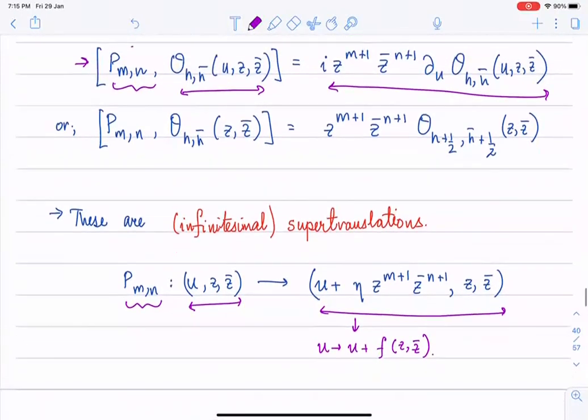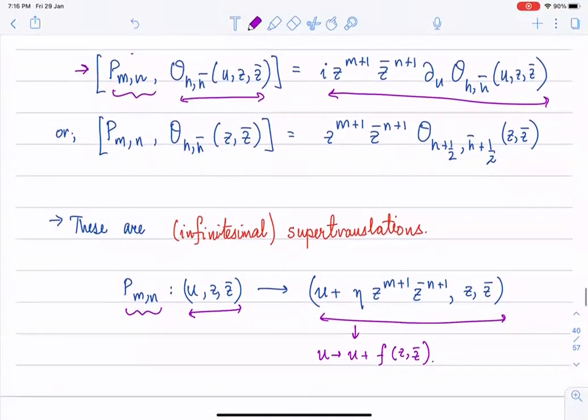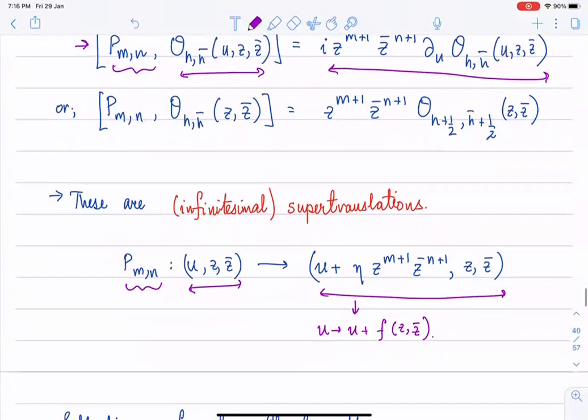Right. So in the standard Mellin basis, as you said, the geometric action is not very manifest. But the way to identify that these are super translations is the following. This operator, which is i del u, shifts the dimension of your conformal primaries.